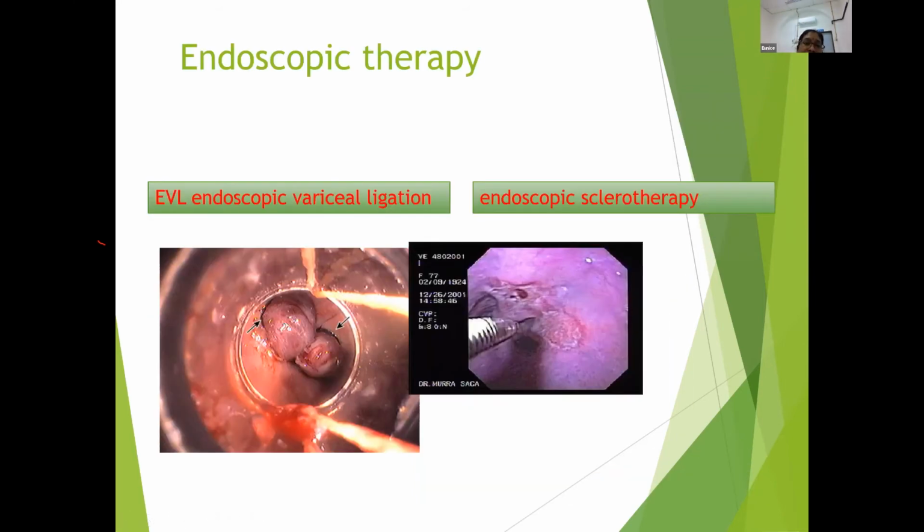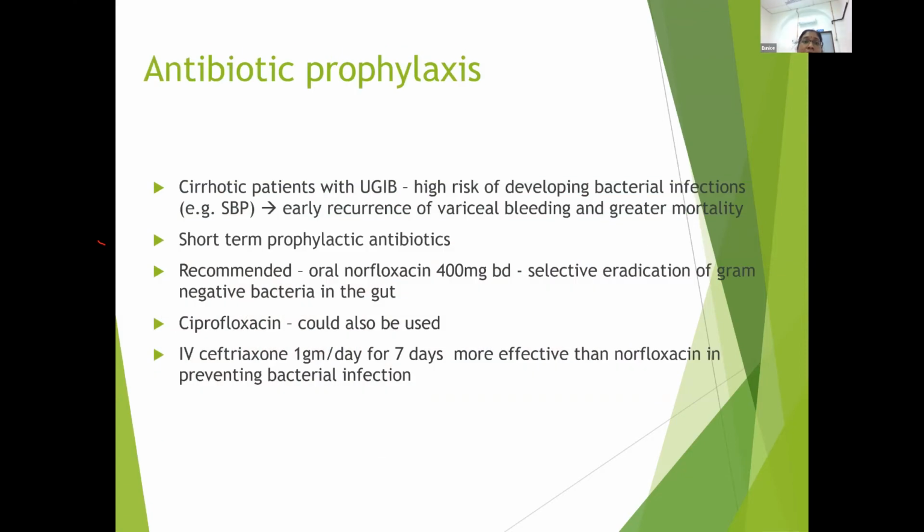Okay, there are 2 types of endoscopic therapy: endoscopic variceal ligation as well as endoscopic variceal sclerotherapy. And antibiotic therapy in variceal bleed: cirrhotic patients with upper GI bleed have a high risk of developing bacterial infection, especially spontaneous bacterial peritonitis. So early recurrence of variceal bleeding actually has a greater risk of mortality as well.